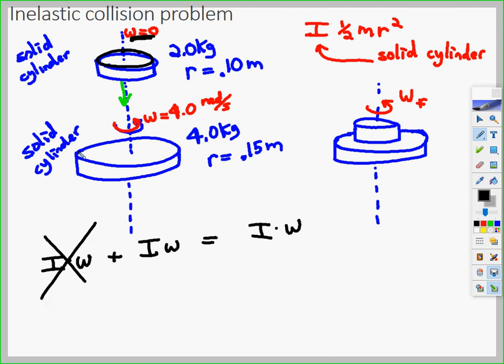This one down here, it is spinning, so its moment of inertia would be 1/2 mr squared. Its omega would be, whatever that is.